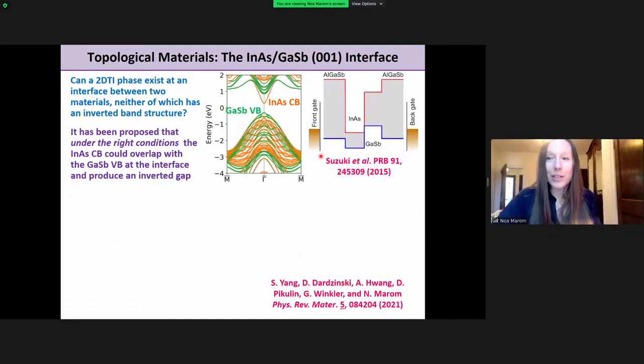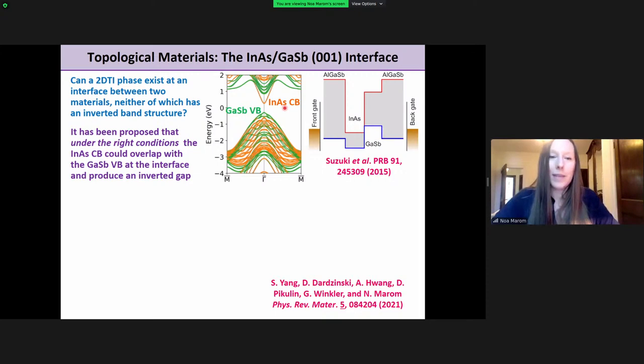Okay, so the next question is whether a 2D topological insulator phase can be produced between two materials that don't even have an inverted band structure like the mercury telluride. So two completely regular, boring semiconductors: gallium antimonide and indium arsenide.